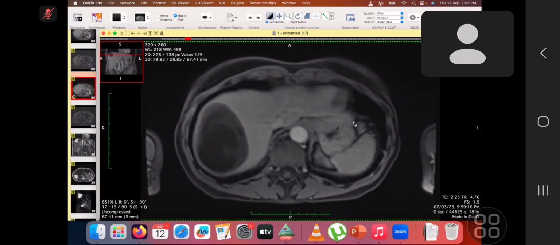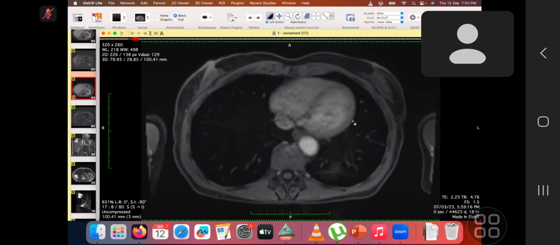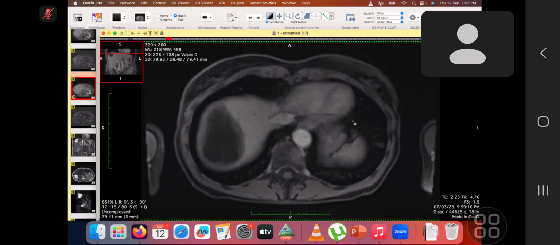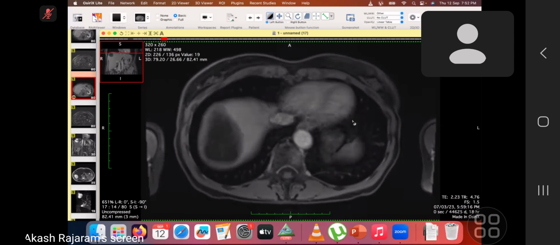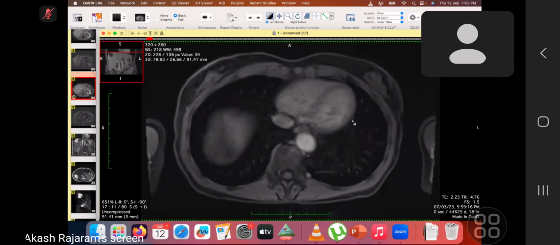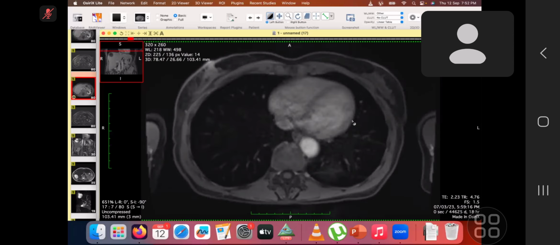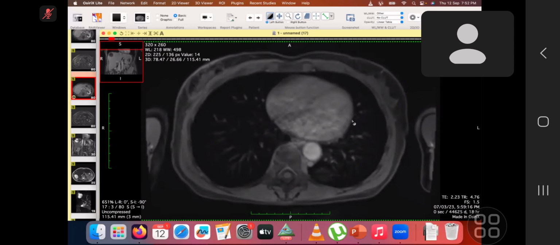However, this vertebral lesion is showing some enhancement, and in the right breast, right chest, there is some patchy enhancement also.